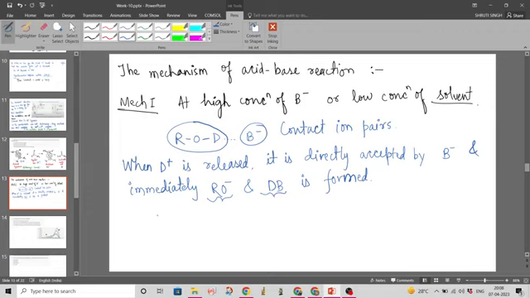Okay, so RO minus and DB are getting formed at the same time, so that's why they have the same kind of dynamics. So when D plus is released, there is no barrier, nothing in between, and we have a large concentration of acetate ion.